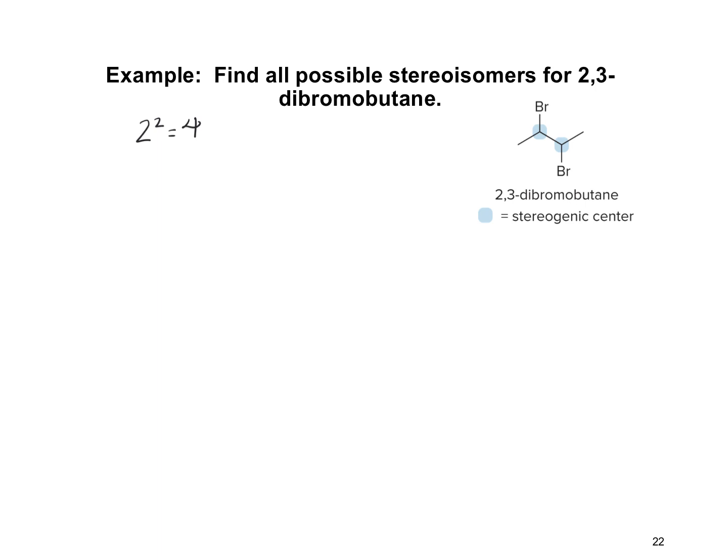To find the stereoisomers, we're going to arbitrarily form one stereoisomer. We're going to write it, and form that one. And I'm going to call that A.